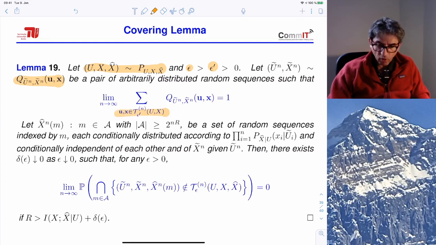So if I sum over all u and x epsilon prime typical, this probability mass in the limit for n going to infinity is 1, which means that if I take two long sequences generated according to this distribution Q, the probability that they are jointly epsilon typical becomes 1.